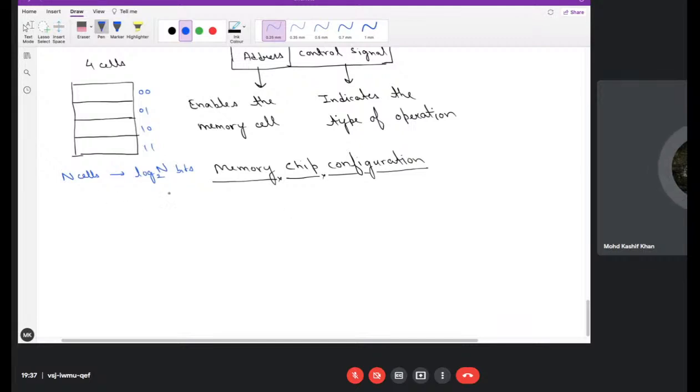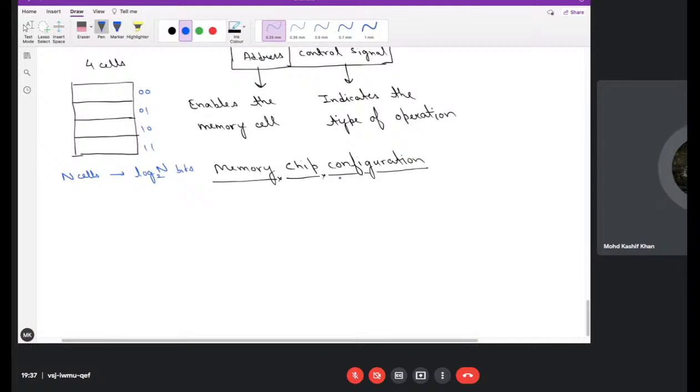So for n cells, we require log n base 2 bits. Okay. Now write the heading: memory chip configuration, and write a line under that.